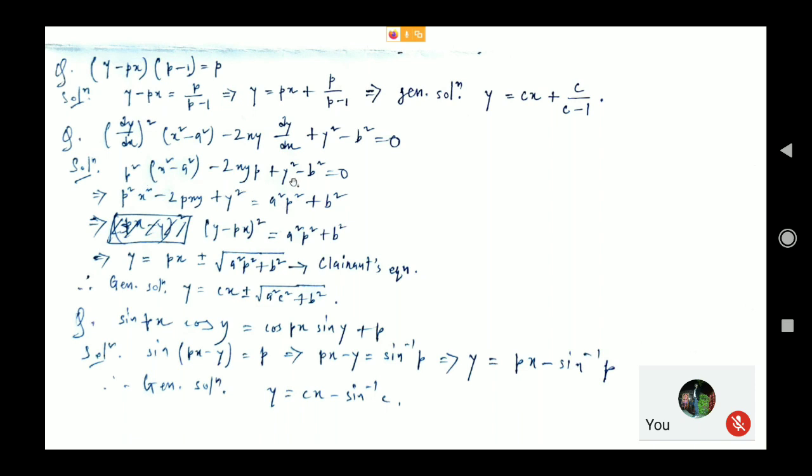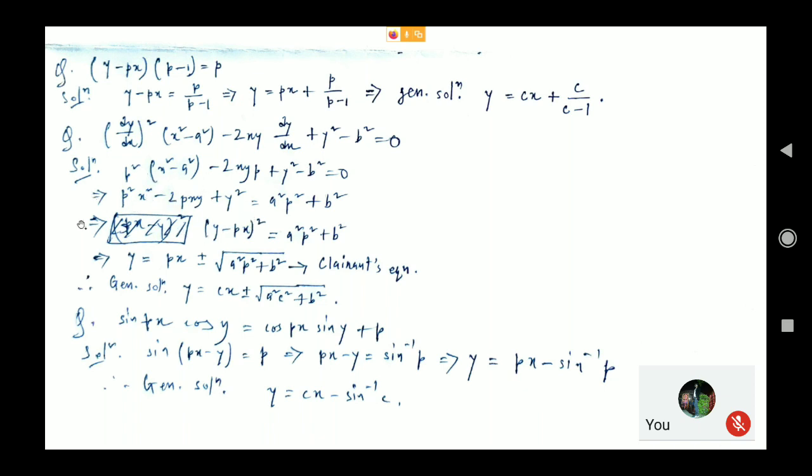So these are second degree equations. One by one you will check first whether we can solve for p, or solve for x, or solve for y, or it is in Clairaut's form. So in your syllabus there are these 4 cases: solvable for p, solvable for y, solvable for x, and Clairaut's form. Yes, it must belong to one of these 4 categories.